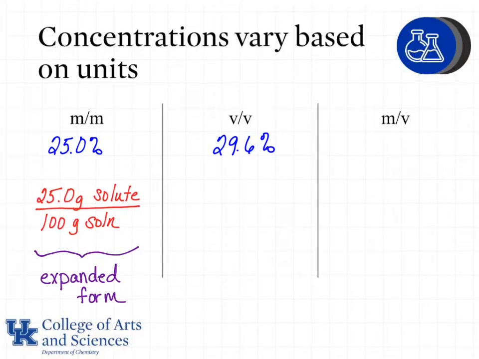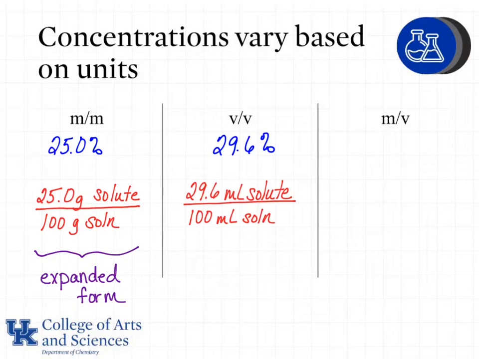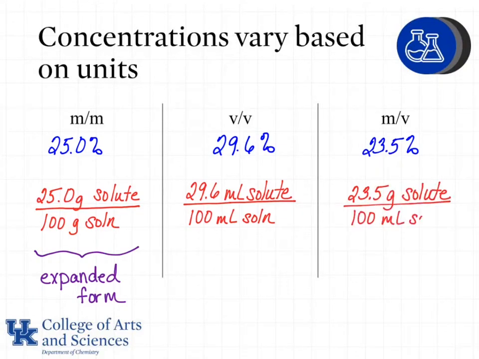Its expanded form would be 29.6 milliliters of solute over 100 milliliters of solution. For mass volume, we got 23.5%, and in the expanded form, we would write that as 23.5 grams of solute over 100 milliliters of solution.